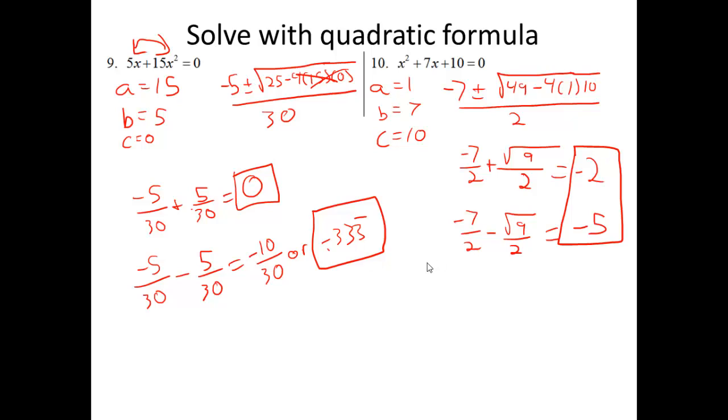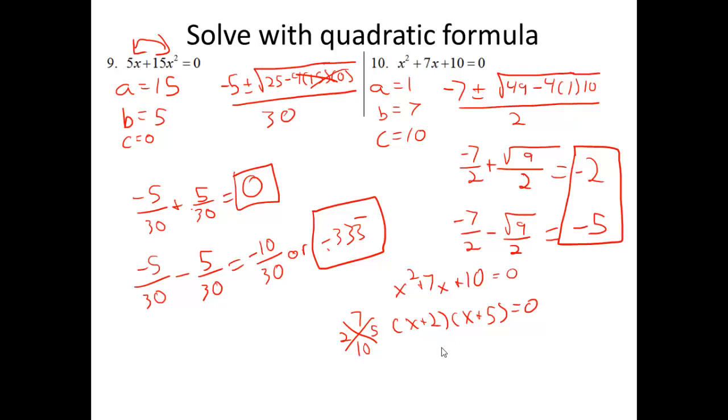Now again, we can solve this a different way. We can see that x squared plus 7x plus 10 is equal to 0. We know that we can factor that by putting in our x, putting in our 10. 2 times 5 is equal to 10, and added together is going to get 7. So we have x plus 2 times x plus 5 is equal to 0.